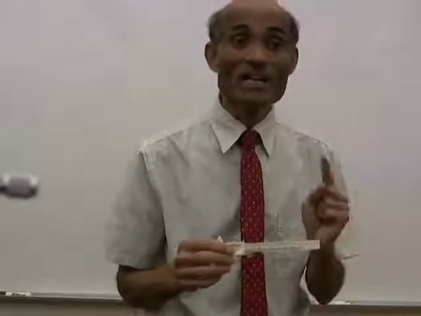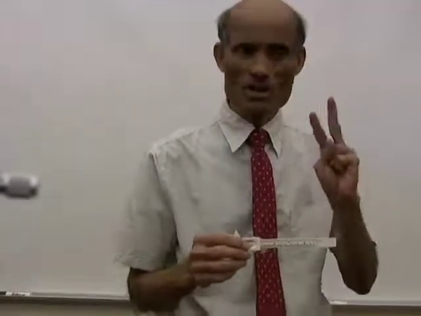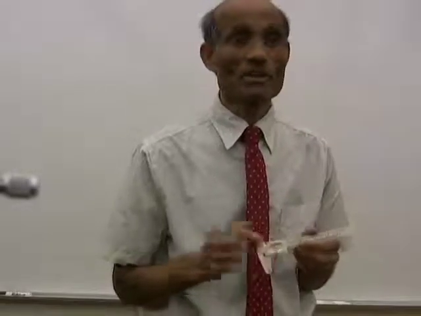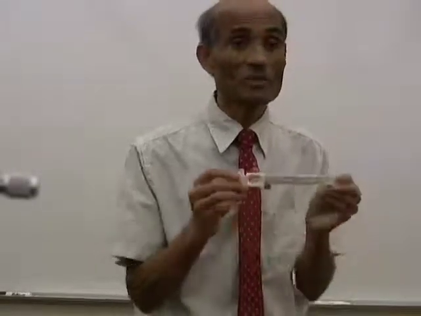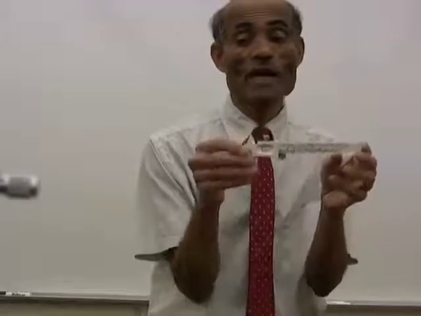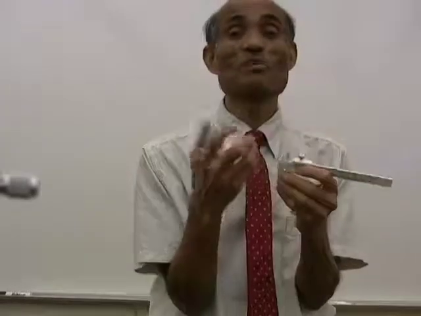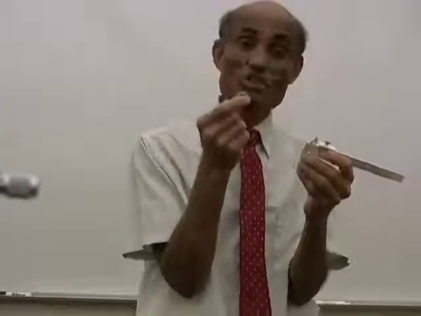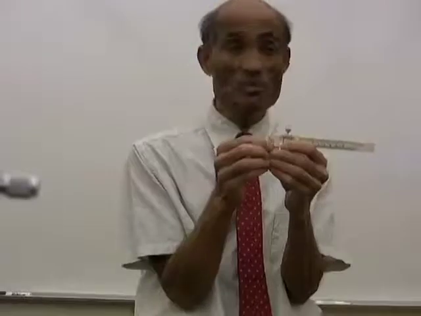Alright, now you know how to use a vernier caliper and a screw gauge, at least in two experiments this semester. I will show you a reading, and I will ask you to read it, because in some experiments you need to measure distances and the diameters that are very small.